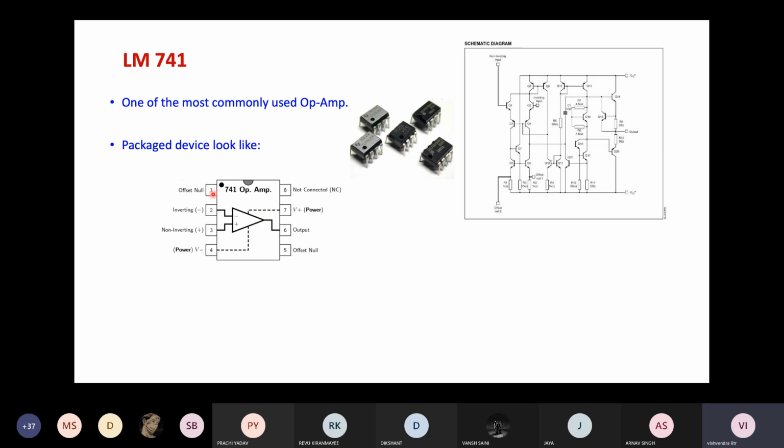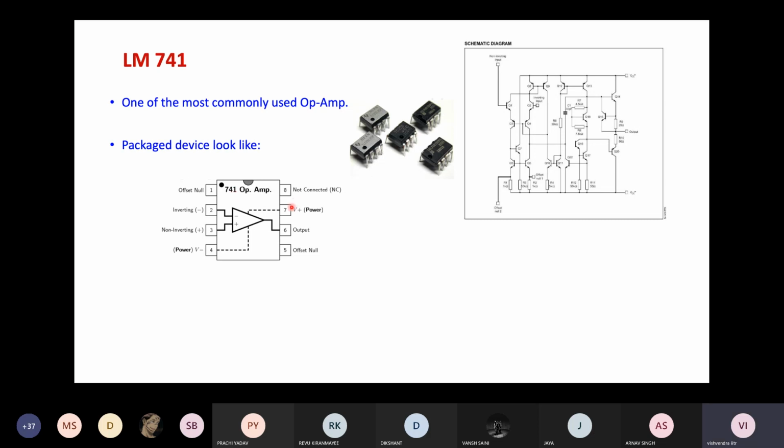And pin number 1 is the pin which ensures offset null. So we'll come across this. So these 3 pins are quite essential in operation of this IC, as we will see quite soon. And that's why this is generally numbered as 741. This is one of the ways in which early initial days ICs used to be named actually.